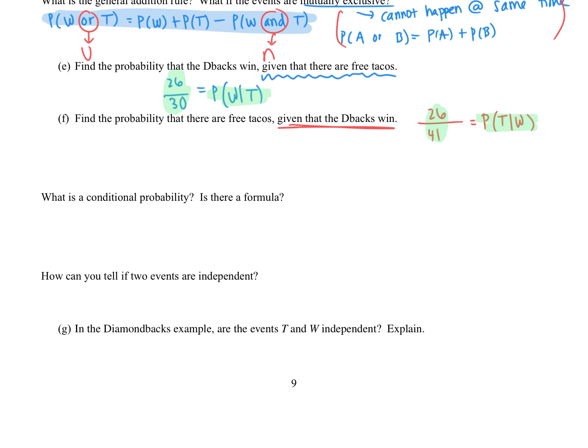That is called a conditional probability. A conditional probability is looking at the probability of an event knowing another has occurred.